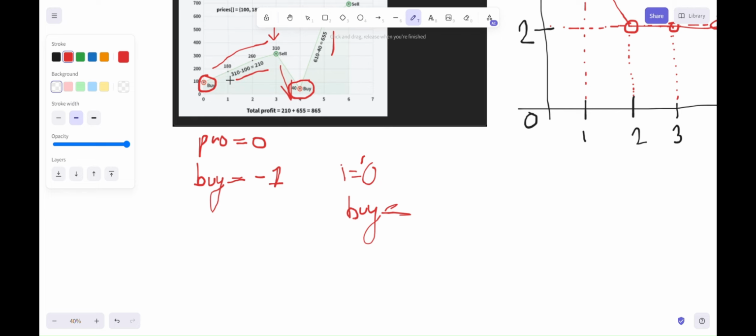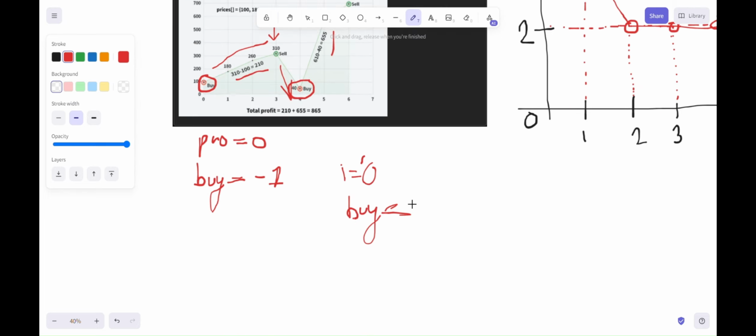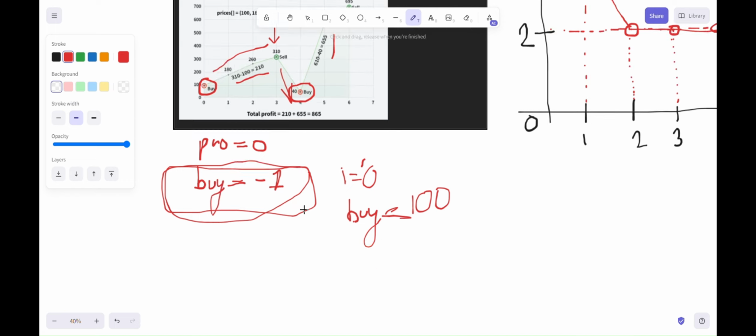Price is 100. If we do not buy anything, then we buy at price 100, and then we check the next in the same iteration.